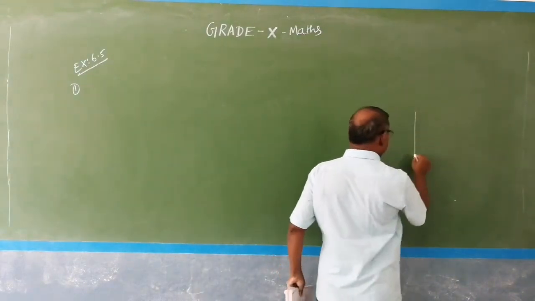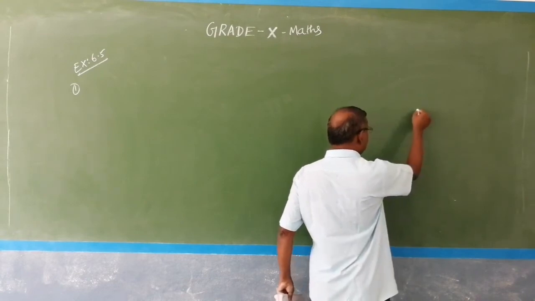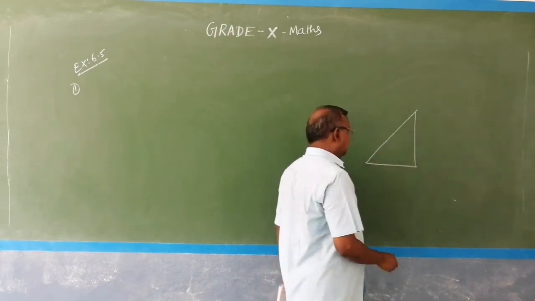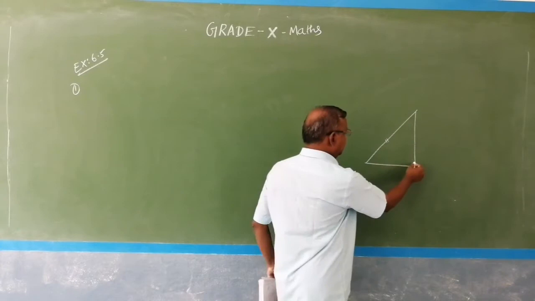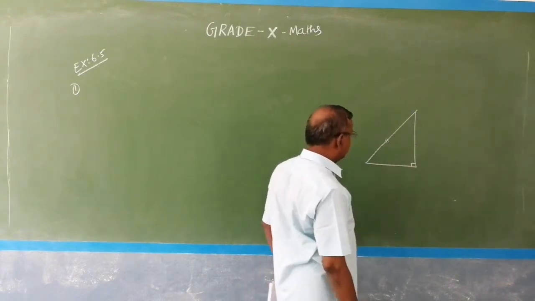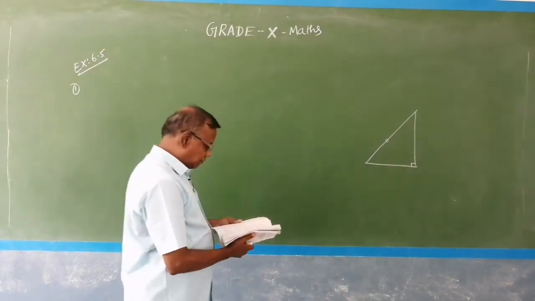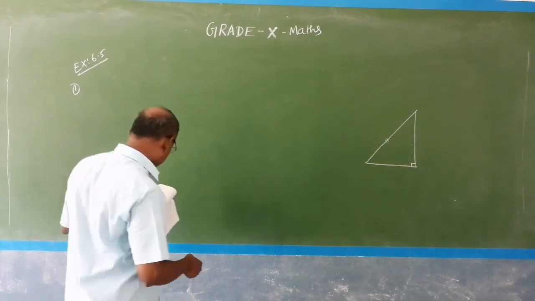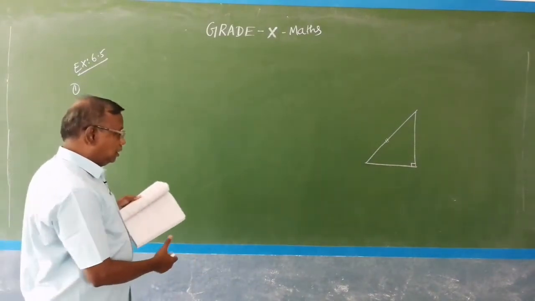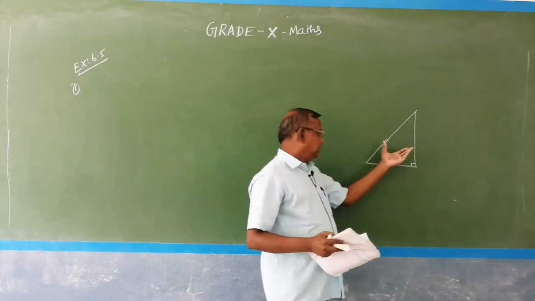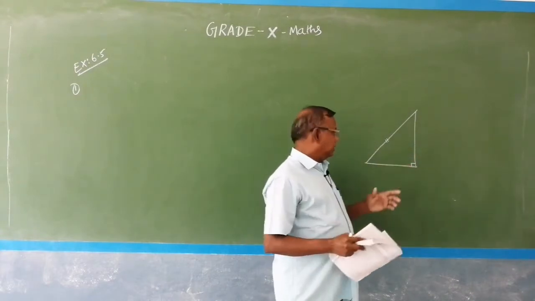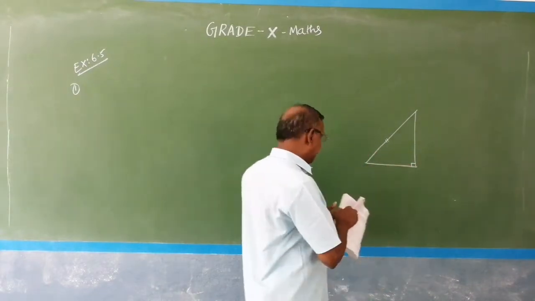Generally, in a right triangle, the hypotenuse is the longest side, opposite to 90 degrees. So let us verify whether these obey the Pythagoras rule.